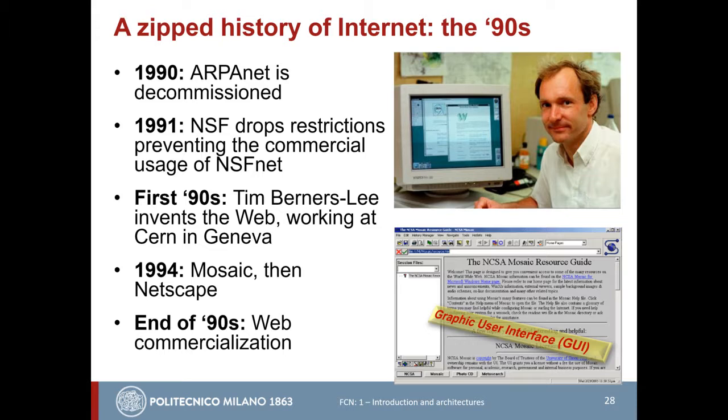The infrastructure was transferred to NSF, which is the scientific agency of the United States, and NSF started to drop the restrictions in order to make it usable also for commercial purposes.